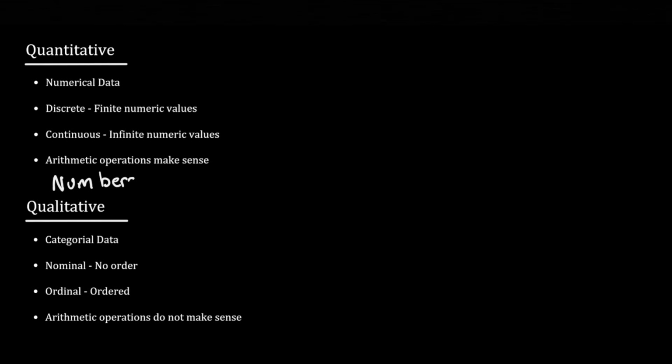We can further split quantitative variables into either discrete or continuous. Discrete variables can only take on finite numeric values. Let's say, for example, our variable is the number of dogs in a park.